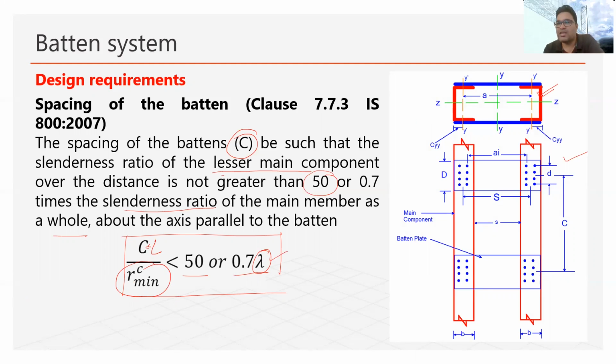So this channel section will have its own RYY value, RZZ value. So minimum of RYY and RZZ will be the value of this one. So using this relation, we can easily find out the value of C. We will see how we find out this C value when we discuss the example. We will take an example.